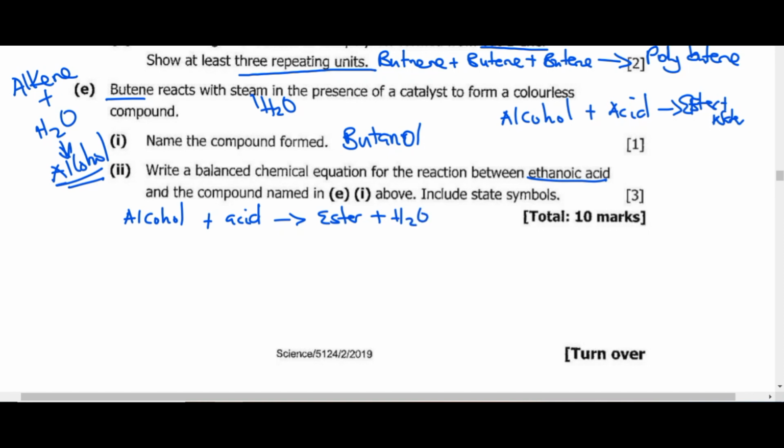Now we can write the chemical formula. The first one is the compound, butanol, with the hydroxide group.